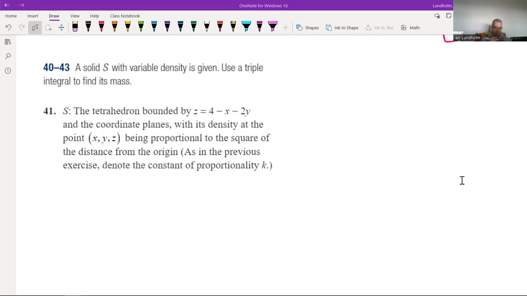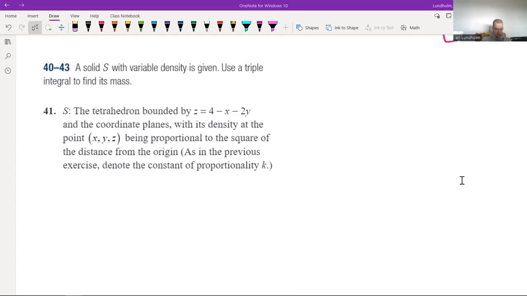Since we're working with the tetrahedron and that is our top thing, and we've got the coordinate planes, that z equals 4 minus x minus 2y seems like a natural top surface.